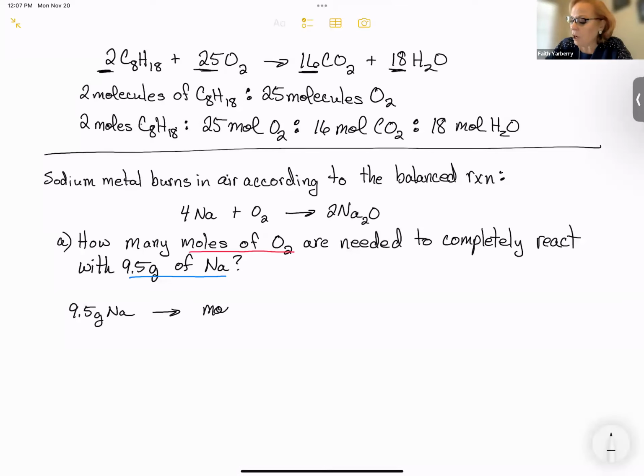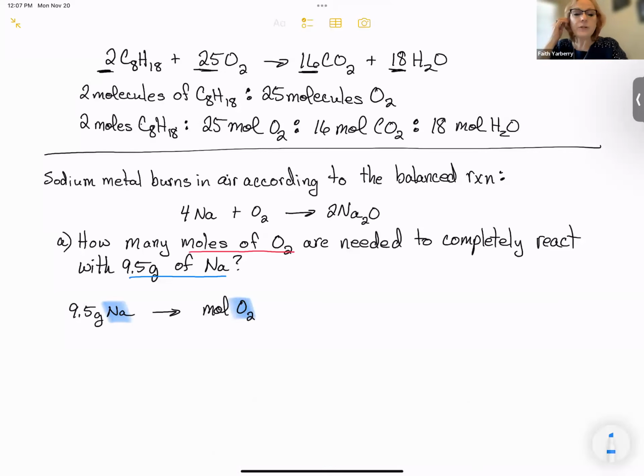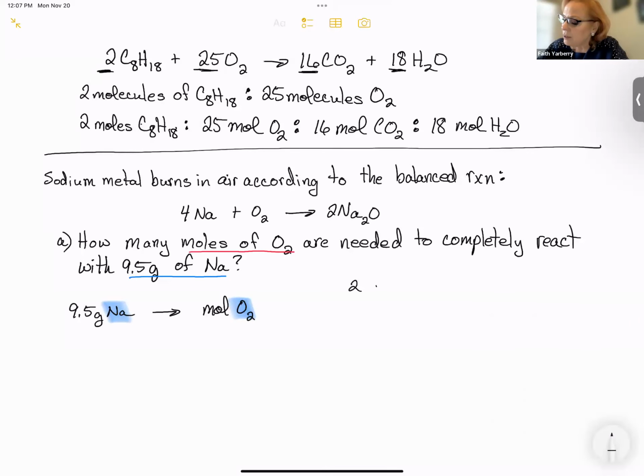And now, if you'll recall, we used to ask ourselves some questions. We're going to ask those same questions. The first question is, are the substances the same? And the answer to that question is no. We're talking about two different substances, which means we need a mole-to-mole ratio.